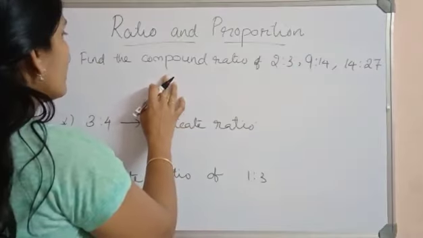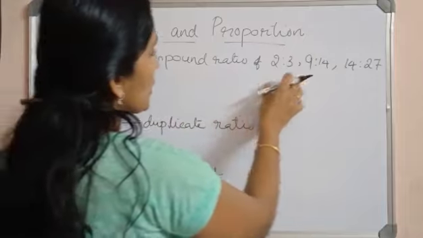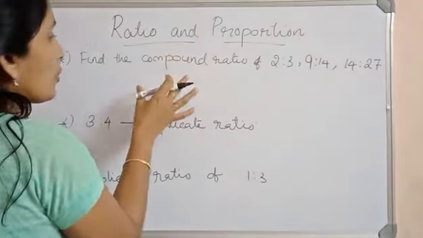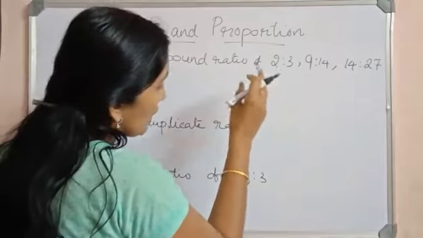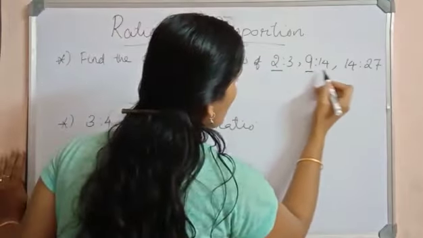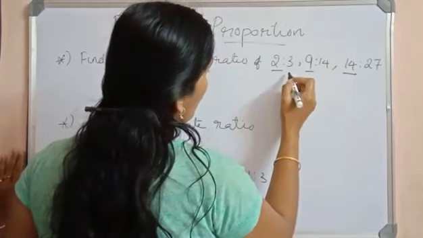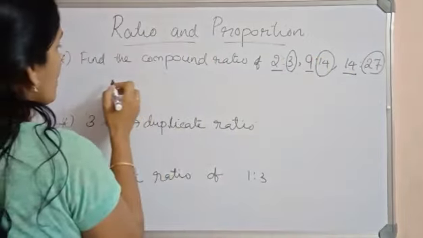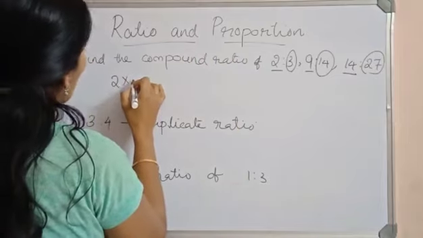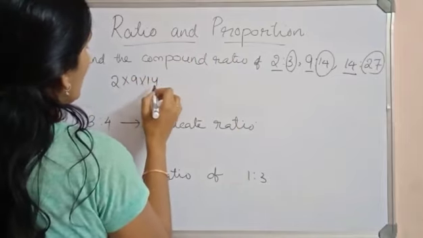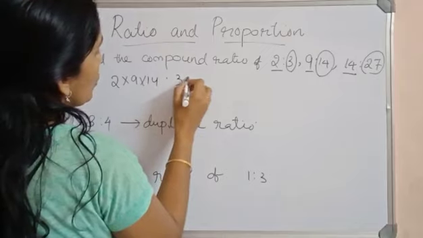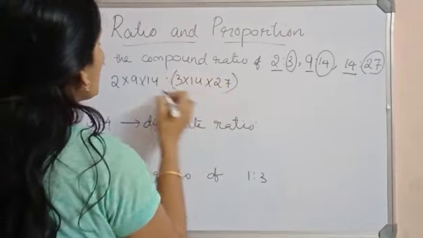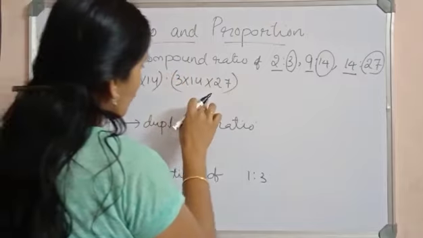Now let's find the compound ratio of 2 is to 3, 9 is to 14 and 14 is to 27. We have already seen that the compound ratio is the ratio between the product of the antecedents, the first terms, to the product of the consequents. So we have to find 2 into 9 into 14 is to 3 into 14 into 27, the product of the antecedents to the product of the consequents.